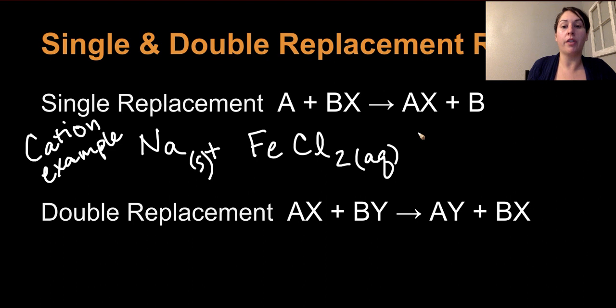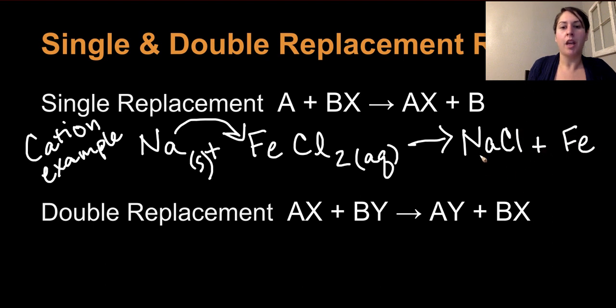We'll look at both later on, okay? And what happens is that sodium is a cation, so it will replace, or it's a metal, it will replace the metal in there. And so we end up with NaCl plus Fe. And then I need to balance this, so in order to balance it, I'm going to put a 2 there and a 2 here. And you can go back and double check that or work it out on your own if you want to see how I balance that.